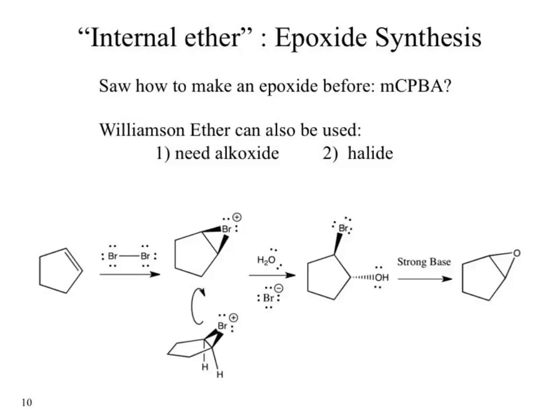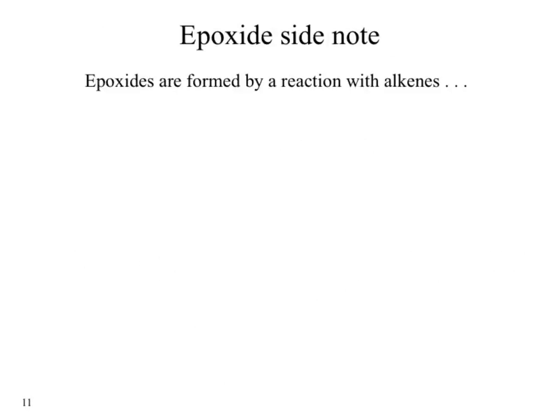So we now have two ways to make epoxides. Whoops, as I walk into the wall. Within that last reaction, what we mentioned is that our epoxide in either synthesis starts with an alkene. The problem with our alkenes is that we can react above or below our pi bonds.